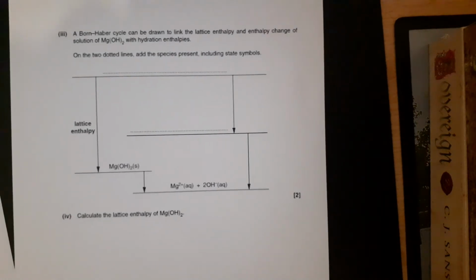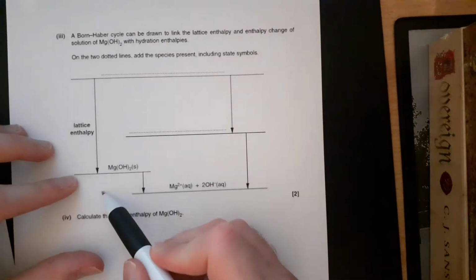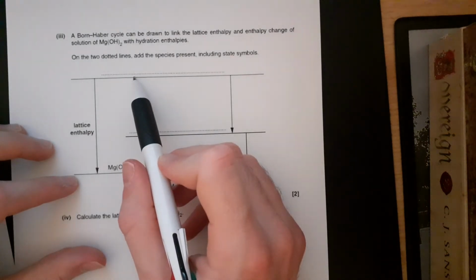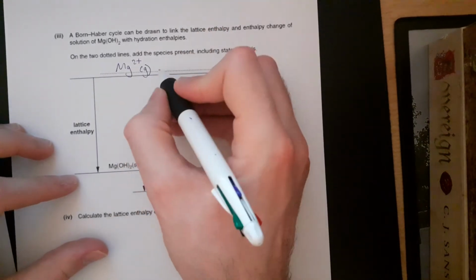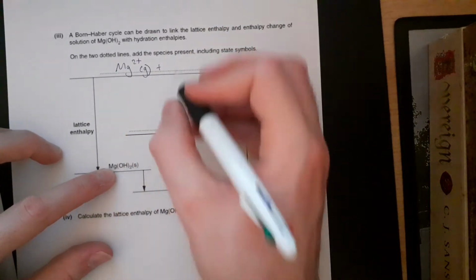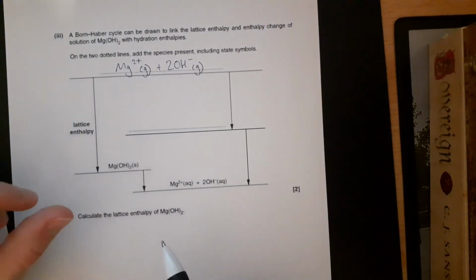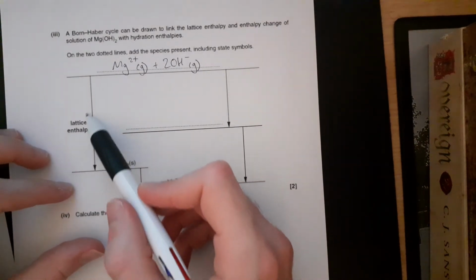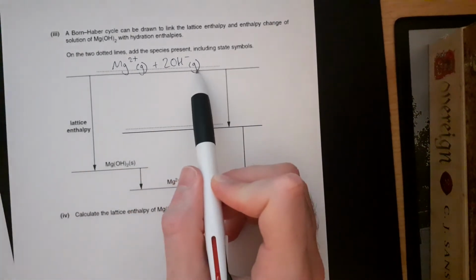Okay, moving on with this question. The next thing we have is another one of these fill in the gaps on the diagram questions. So what's going on here? This is the lattice enthalpy. So it must be formation of 1 mole of a lattice from its gaseous ions. So here we must have magnesium as gaseous ions, and this is 2 hydroxide ions. And this is the other reason why it's really important that you learn the definitions, because it helps you with the definition question, but if you know that lattice enthalpy is formation of 1 mole of a lattice from its gaseous ions, then you know what you need to write here.